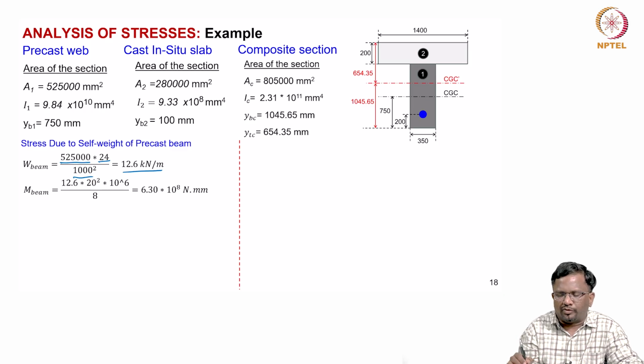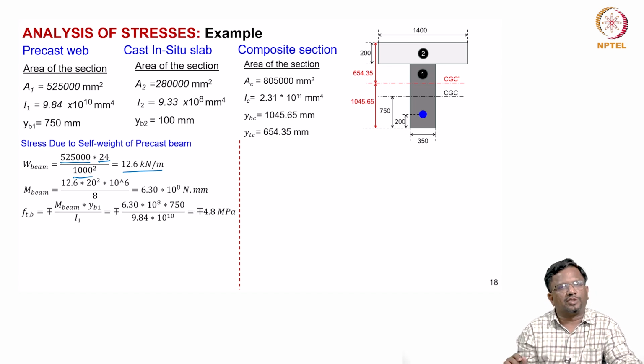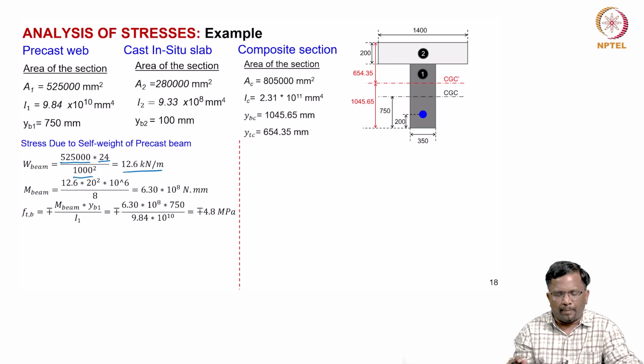Because it is about 10 power 6, you convert Newton millimeter to kilonewton meter. So, you get 630. And what are the stresses at the top and bottom of the girder? You get moment divided by YB1 by I1, because the section is symmetric, both of them are producing plus or minus 4.8 megapascal of stress.